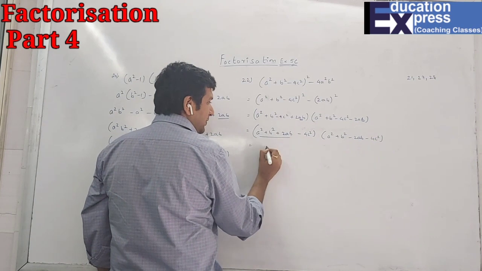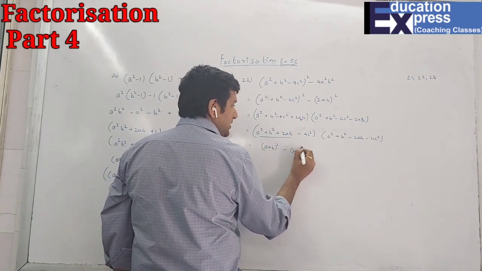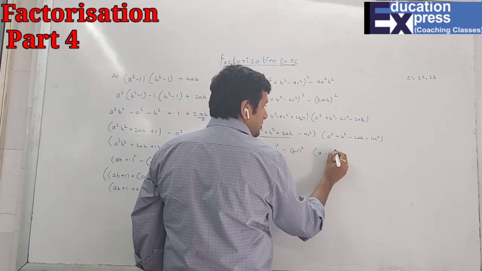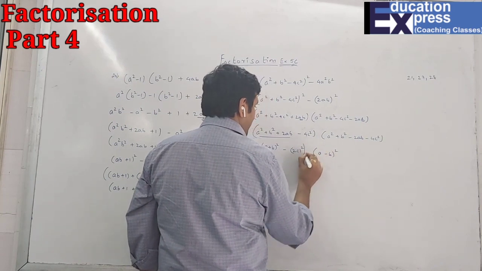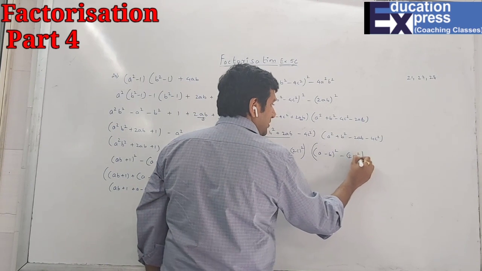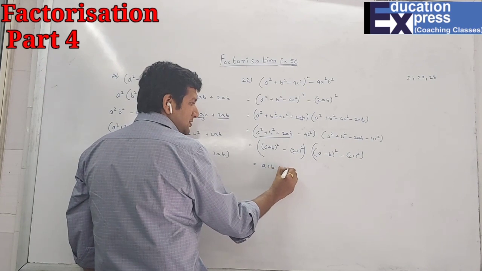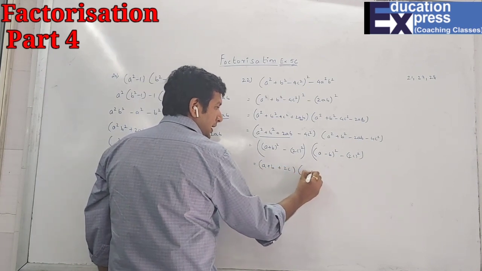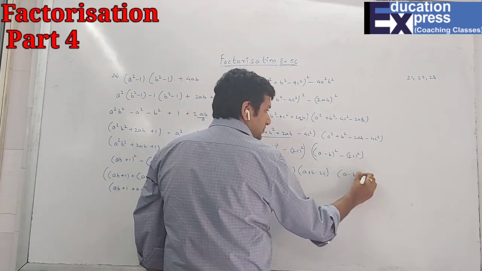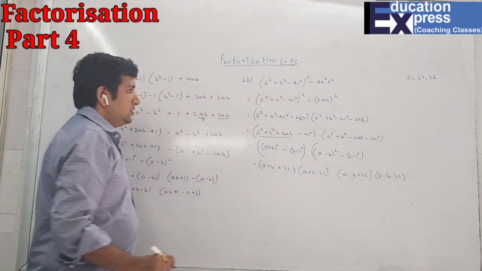So this whole thing will be (a plus b) the whole square minus (2c) square, and this will be (a minus b) the whole square minus (2c) square. So again a square minus b square, that is (a plus b)(a minus b). So this is our 22nd.